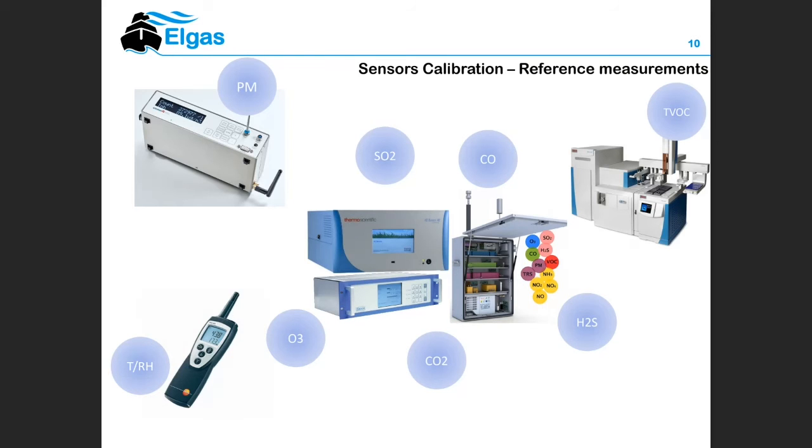Another important thing for us was to compare the output of the sensors, the calibration and conversion of the signals, with reference instruments, which are widely accepted for measuring gas concentration in indoor and all kinds of environments.